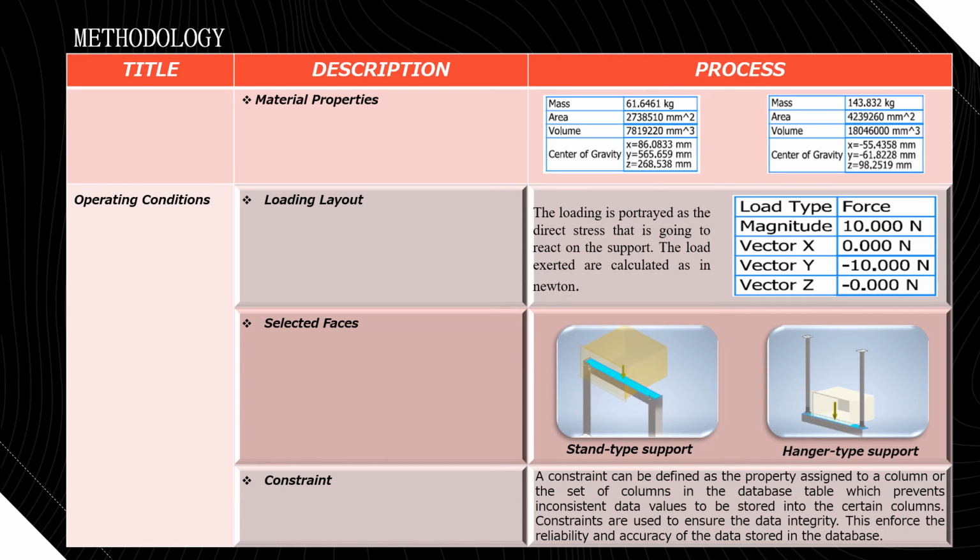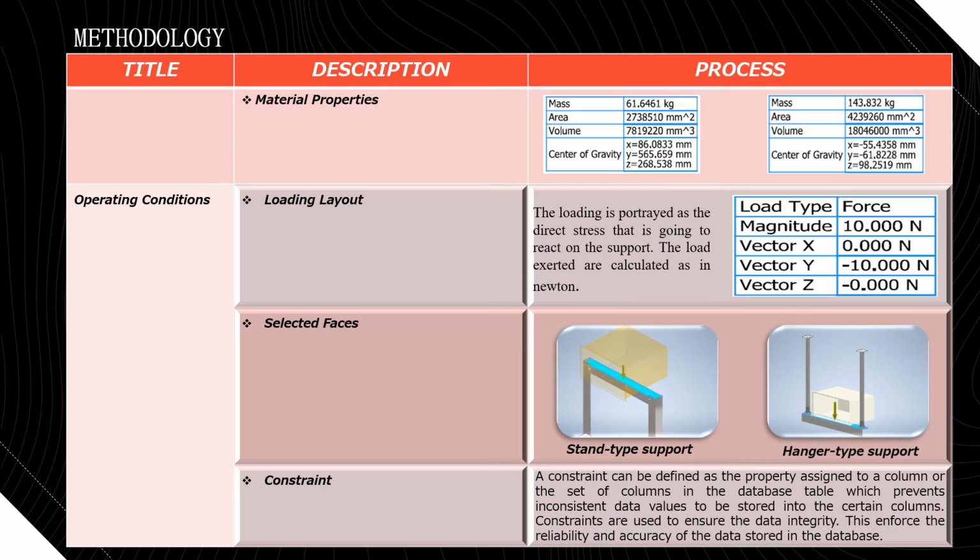First we need to set up our loading layout. The loading is portrayed as the direct stress that is going to react onto the support. The load exerted is calculated in Newtons. So the load is basically the stress acting on the support.